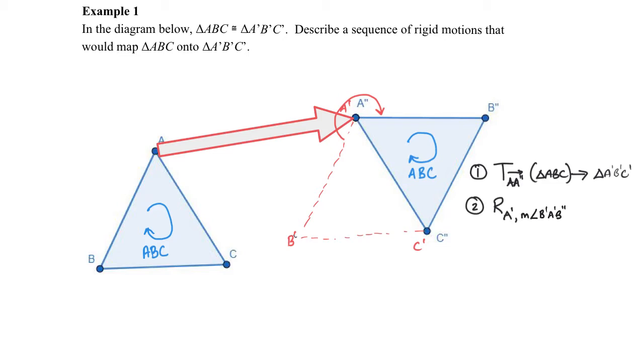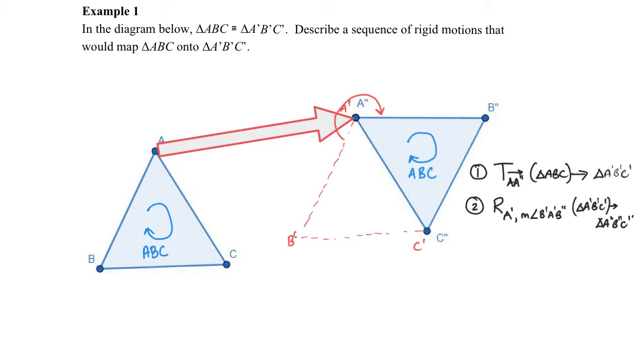That's how many degrees it is. We don't know exactly, but that's how much. This rotation of triangle A prime, B prime, C prime gave us triangle A double prime, B double prime, C double prime. So we could actually list it out in steps.